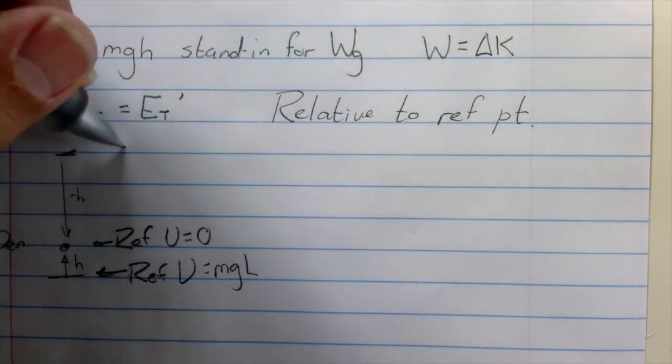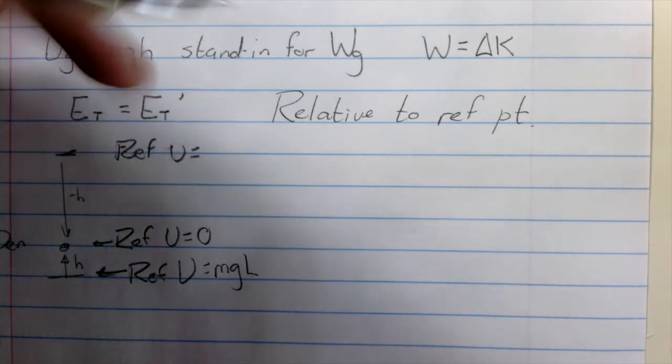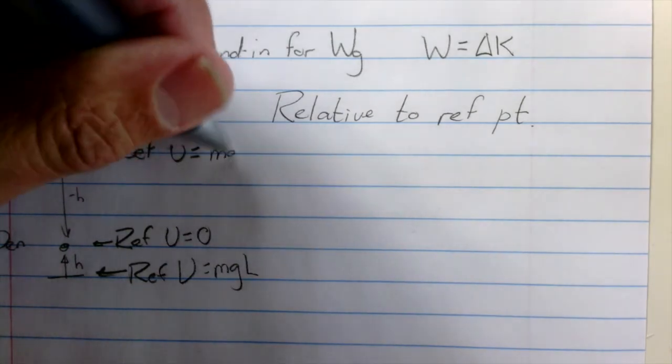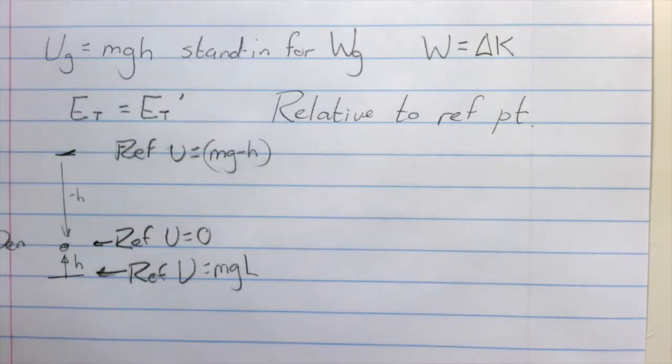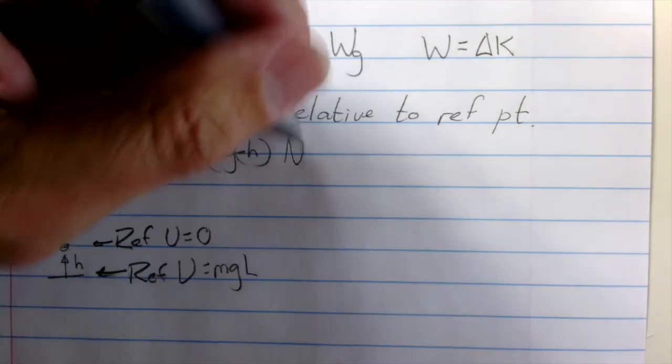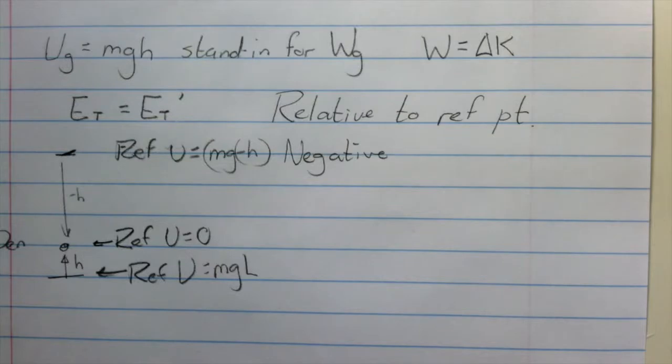And if this is my reference point, the U would be equal to mg times some negative number. I'll just call it negative h. So having a negative potential energy is okay. We just use it with this conservation of energy business to solve problems. It's not an end-all. It's not a real energy.